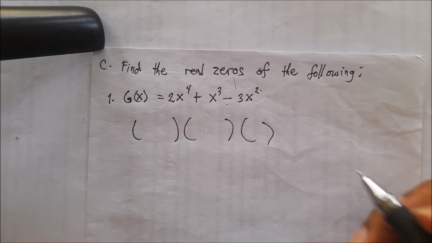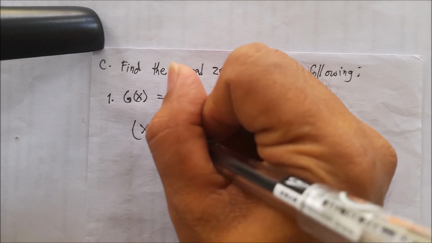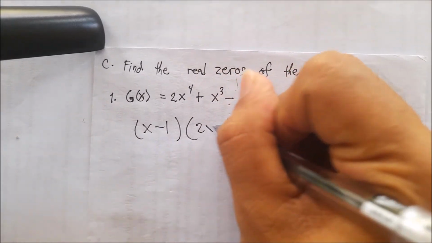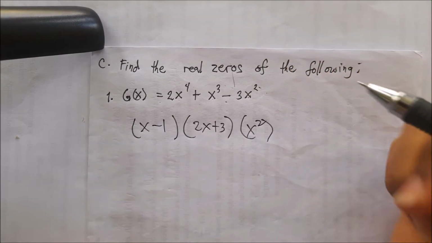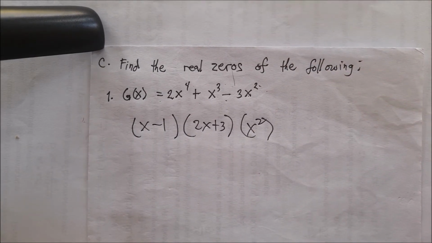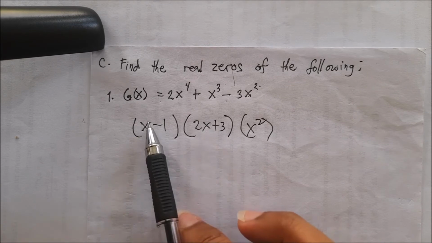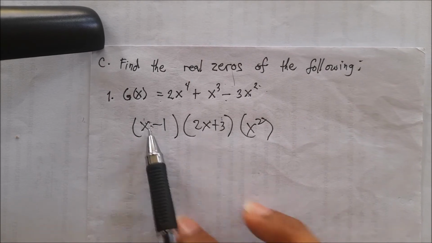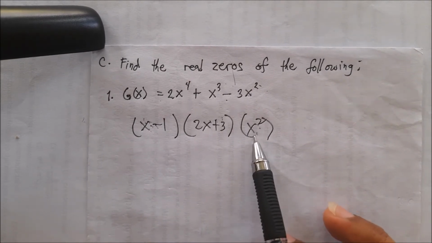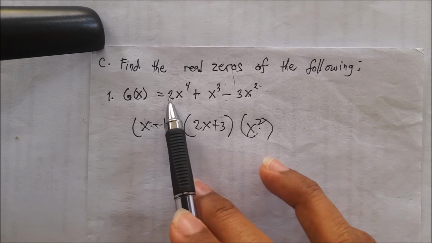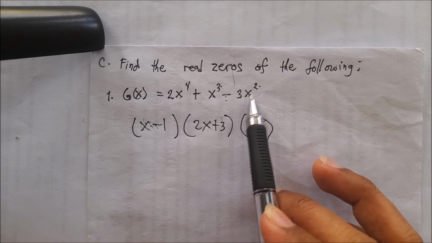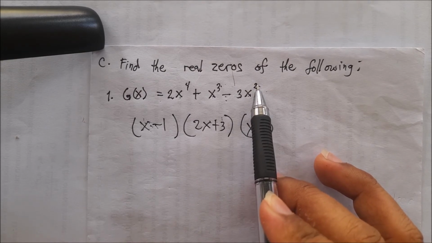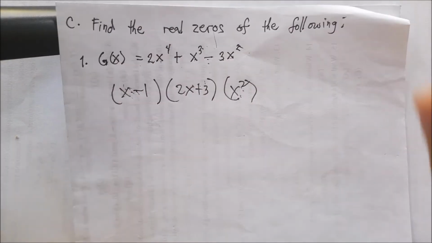You can use factoring: x minus 1, 2x plus 3, and x raised to 2. If you multiply these, the result will be 2x raised to 4 plus x raised to 3 minus 3x raised to 2. You can check that one.